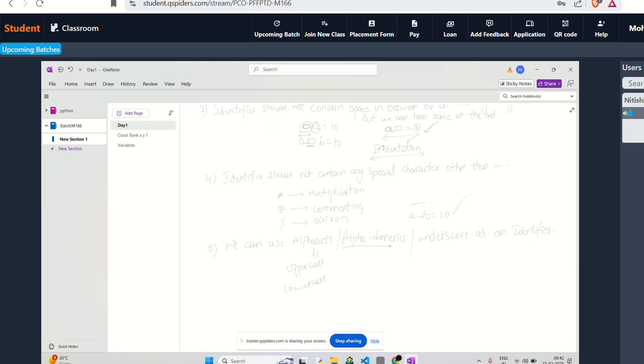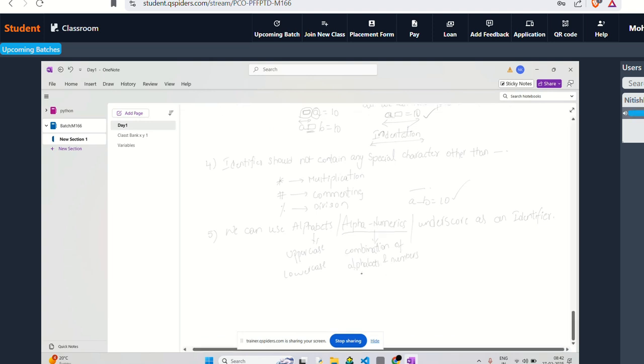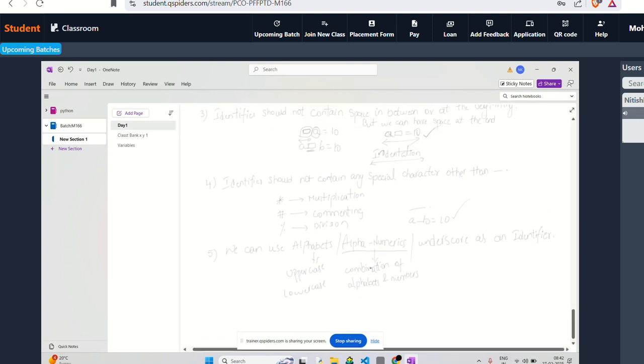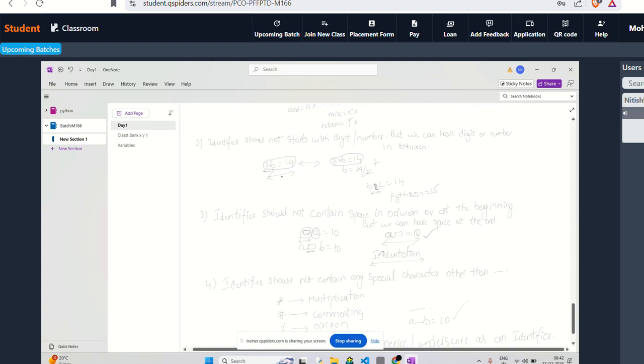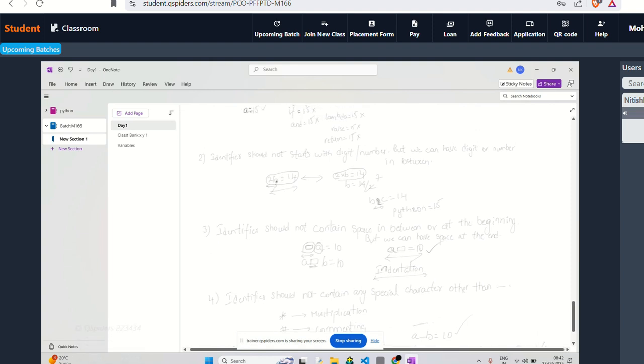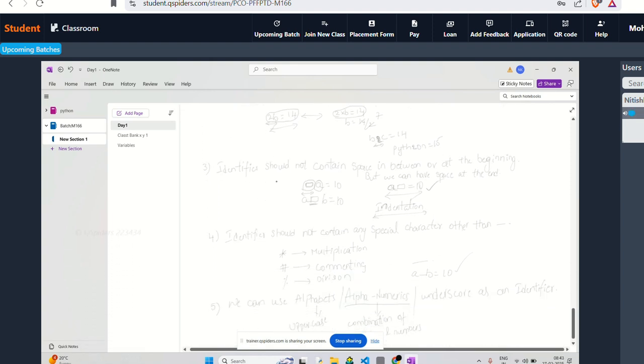And we can use alphanumerics. Alphanumeric in the sense a combination of alphabets and numbers. Here, combination of alphabets and numbers means we need to follow the second rule, meaning first we cannot give a digit.